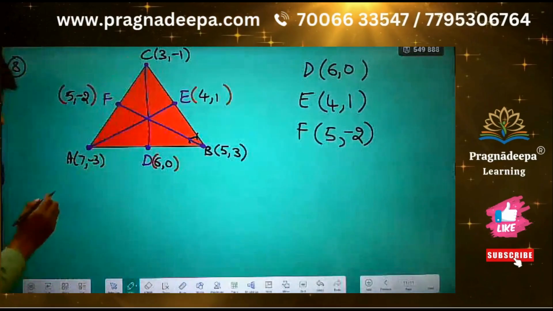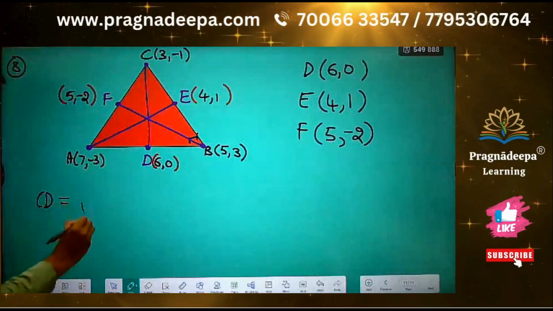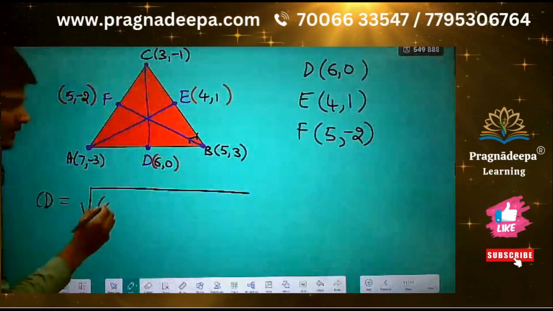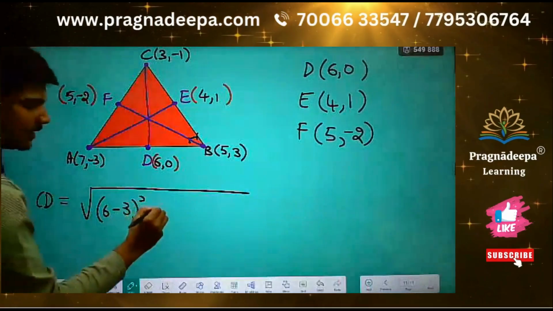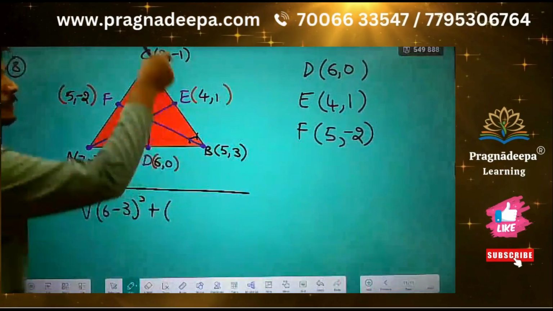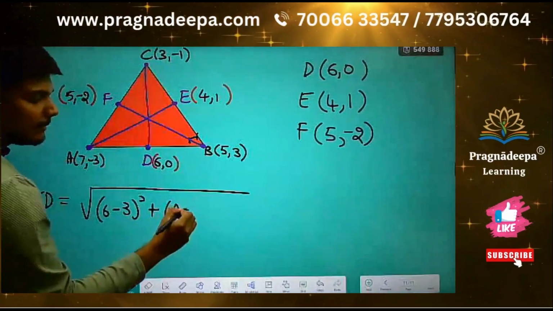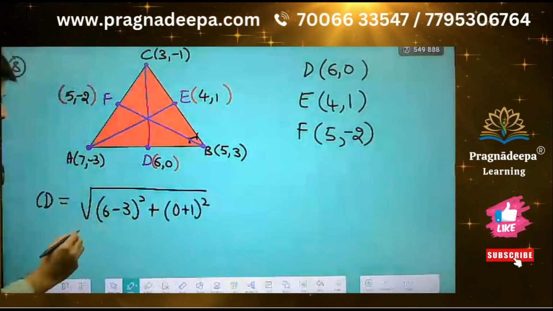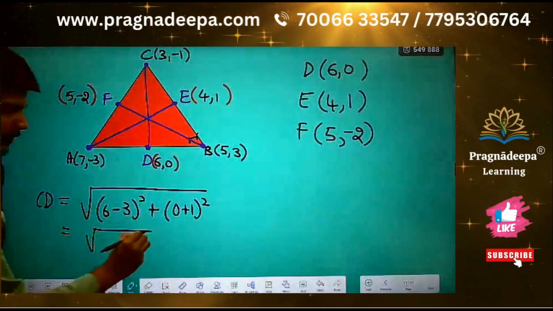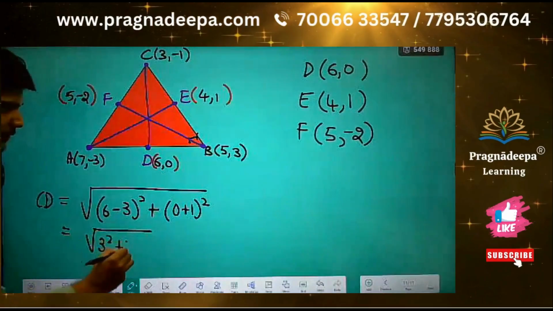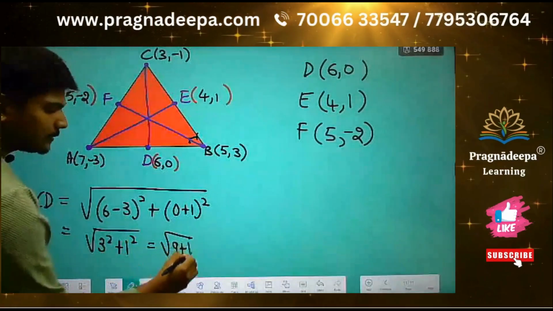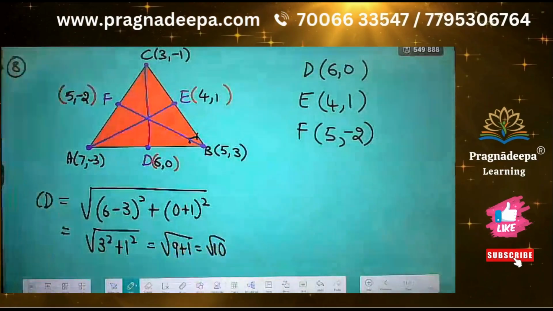First let us calculate CD. CD is equal to square root of (x2 - x1) whole square, (6 - 3) whole square plus (0 - 1) whole square. Minus of minus becomes plus. So this is nothing but square root of 3 square plus 1 square. 3 square is 9, 1 square is 1, you will get √10.